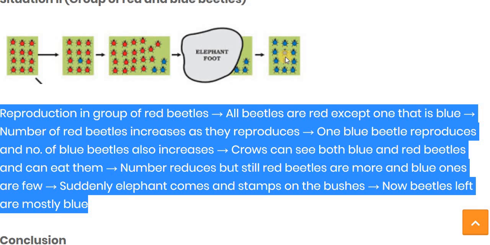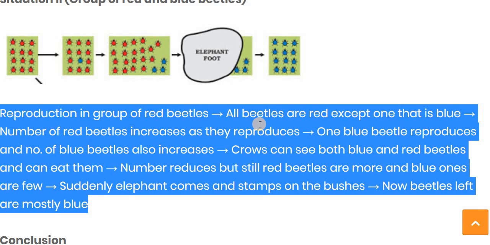So this is the second situation: reproduction in a group of red beetles, where all the beetles are red except one that is blue. Both the red and blue beetles reproduce and increase their number. And as for the crow, both red and blue are visible to it. Suddenly the elephant came and stamped on the bushes.